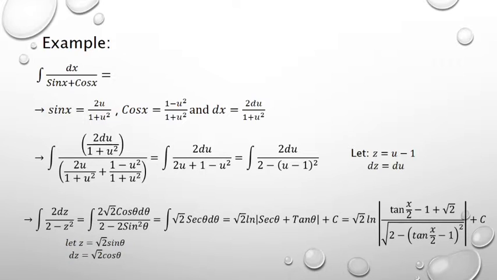And it becomes the integral of 2 times root 2 cosine theta d theta over 2 minus 2 sine squared theta, and the entire thing becomes root 2 times ln of absolute value of secant theta plus tangent theta plus c, which equals root 2 times ln of the absolute value of (tangent of x over 2 minus 1 plus root 2) over (root 2 minus tangent of x over 2 plus 1), plus c.